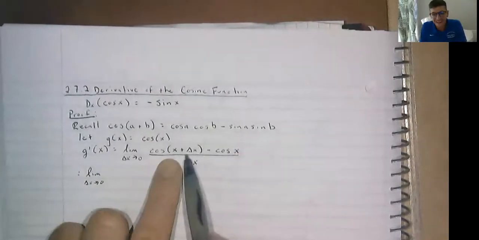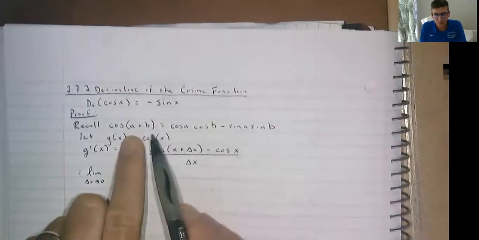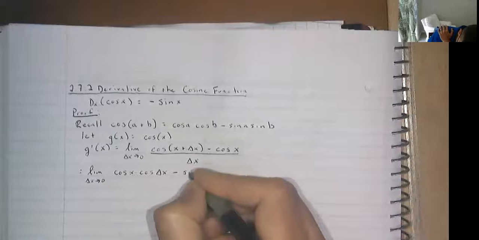And so doing that, we get that the limit now looks like the cosine, and again, A is X, B is delta X, we get the cosine of x times the cosine of delta x minus the sine of x times the sine of delta x minus, and this is where we could lose it here, minus this part still.